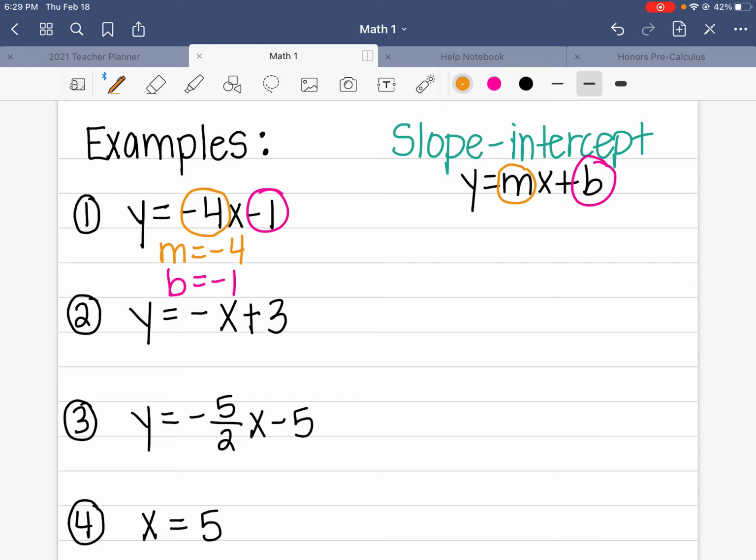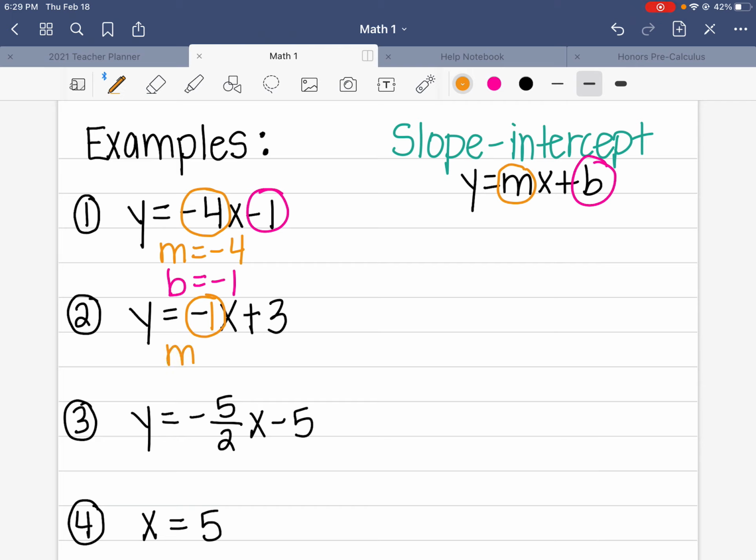Now, for the next example, number 2, I have y equals -x plus 3. There has to be a number in front of the x, because for any variable, there's an automatic understood 1.